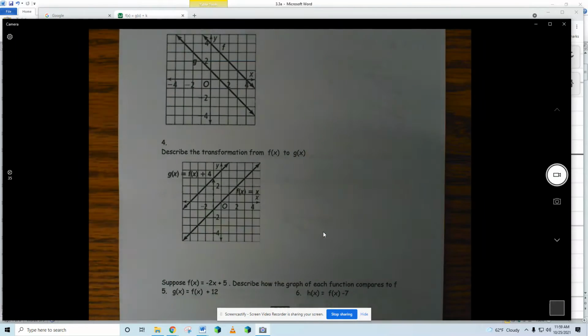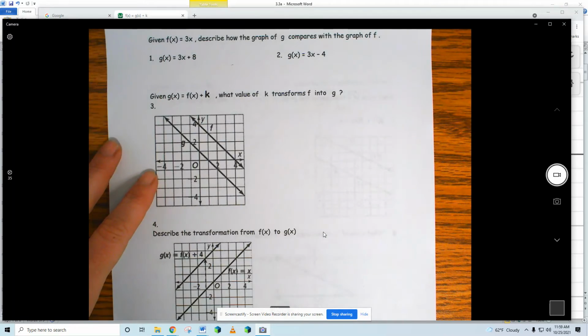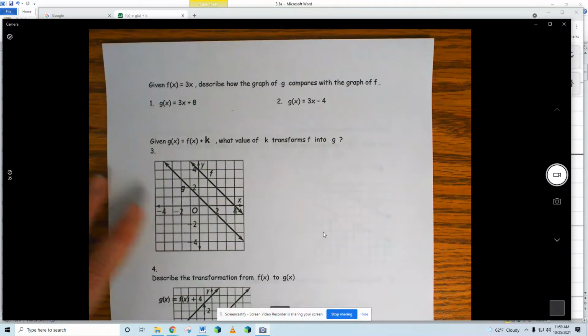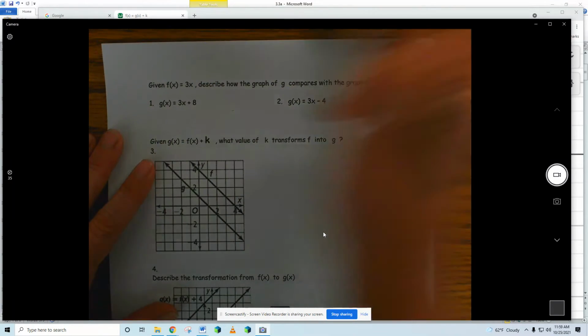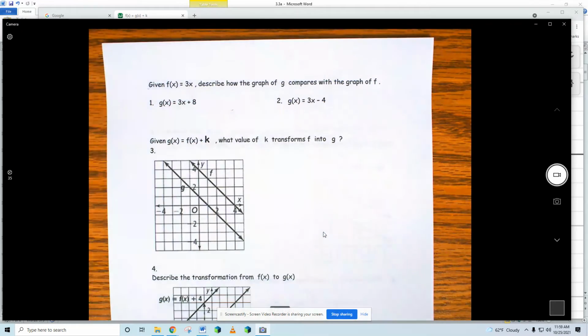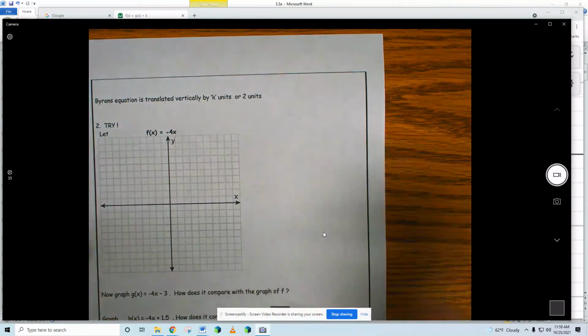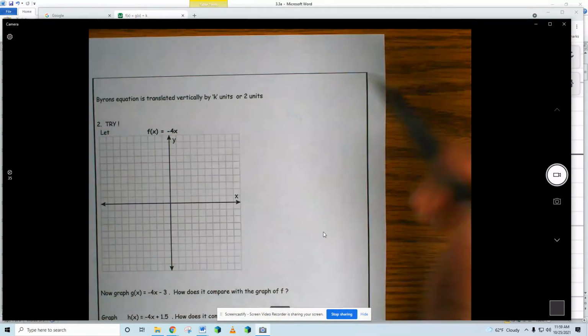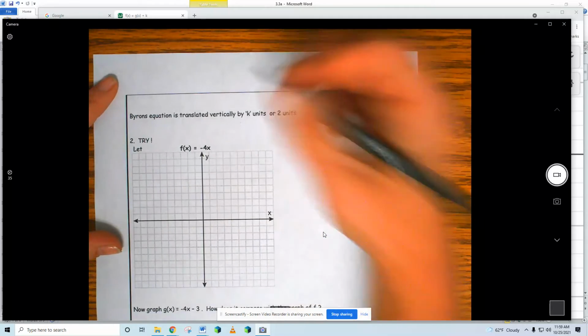So what we're going to start talking about is how I can transform lines. Byron's equation is translated vertically by k. So here's what I'm going to have.